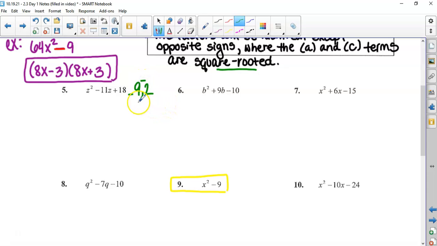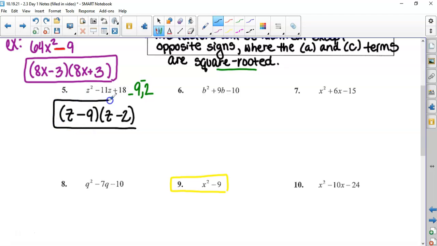Is that okay? Let's see. Negative 9 times negative 2 is a positive 18. When I add these together, I get the negative 11 that I needed. So my factored form is z minus 9, z minus 2. I always put the little slash through my z's so that it doesn't look like a 2 by accident.